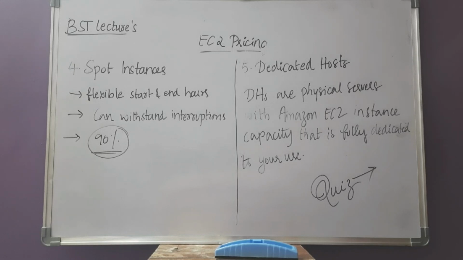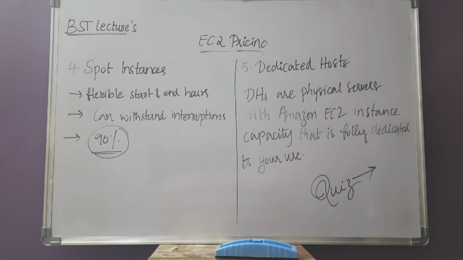These are physical servers of Amazon Elastic Compute Cloud which are fully dedicated for our use. Okay, you have learned about 5 types of pricing models of EC2 in this video: on-demand, reserved, savings plan, spot, and dedicated host.